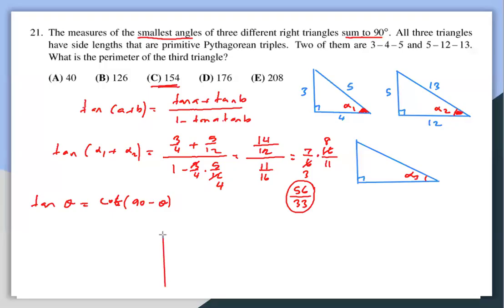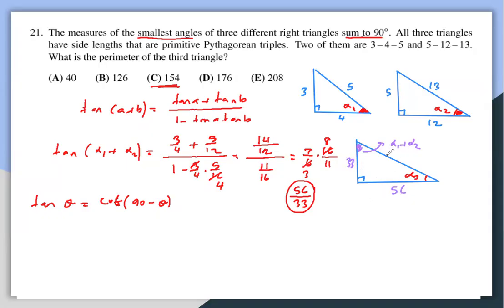So let's say, actually we don't have to imagine, that's actually the case. So we know that alpha 1, alpha 2, alpha 3 add up to 90 degrees. And this is alpha 3, which means the second angle in that right triangle, which is our unknown angle right here, has to be the sum of the other two angles, right? So the alpha 1 plus alpha 2. And we know that the tangent of this is given, 56 over 33.